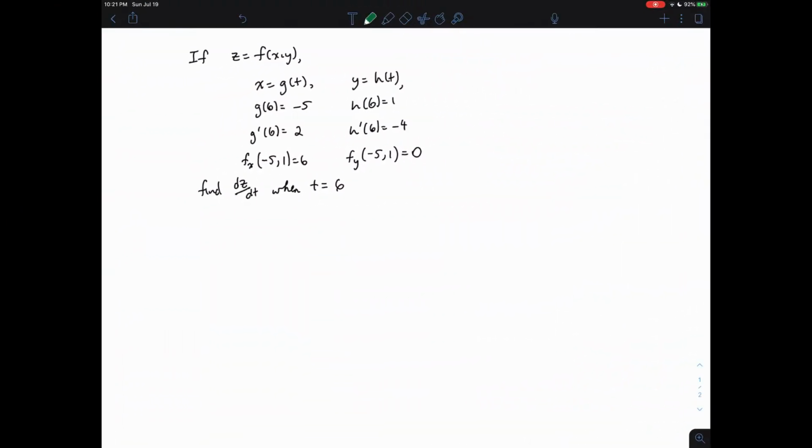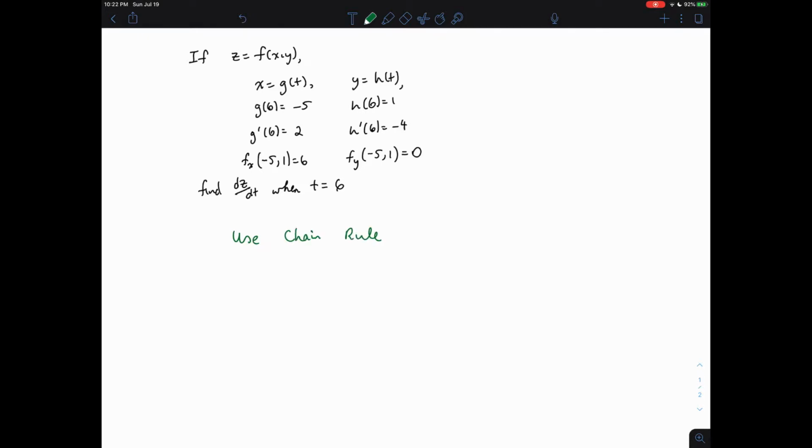There was one other problem that gave people trouble, and maybe I'll show it on my iPad. We'll solve this problem using the chain rule.